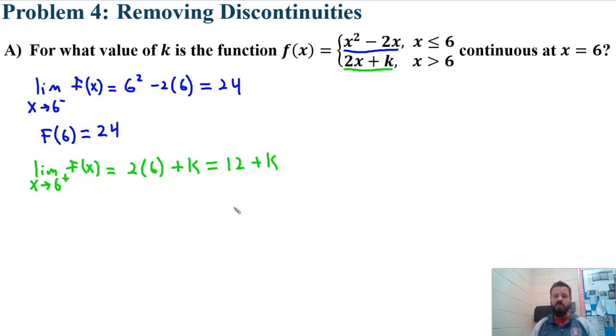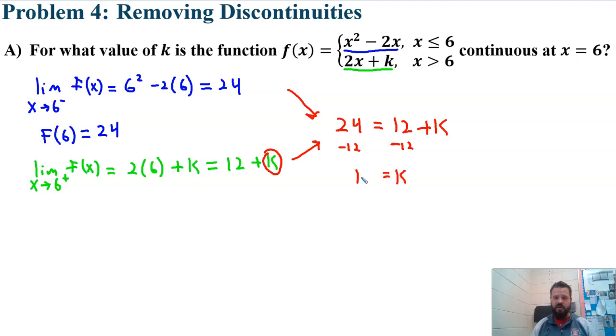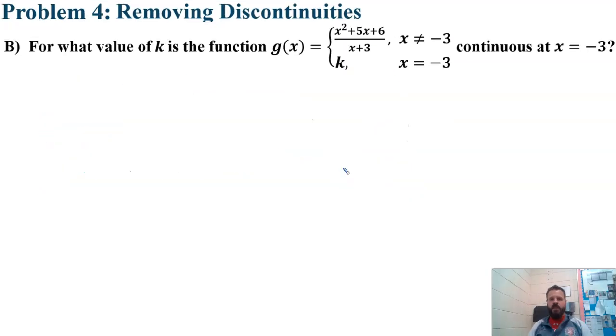So essentially what we need to do here is find the k value that makes this limit equal to the 24 coming from both the left side of the limit and the value of the function. Okay, so kind of making an equation out of the two of these, we'd have that 24 is equal to 12 plus k. Simple algebra, subtract 12 on both sides, and we end up with k is equal to 12. All right, so if I substituted in 12 for this k, we would have a continuous function.